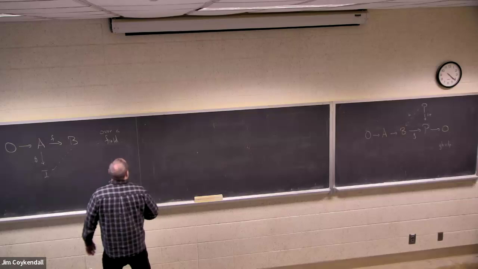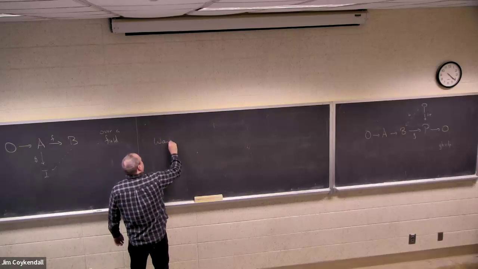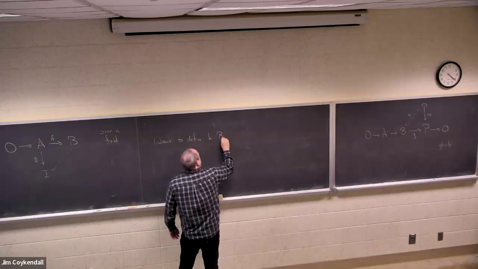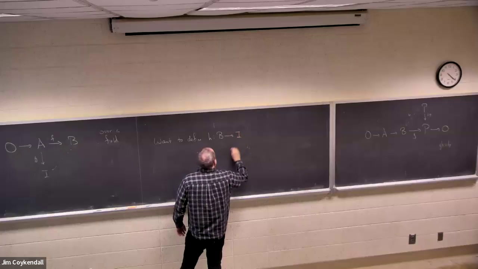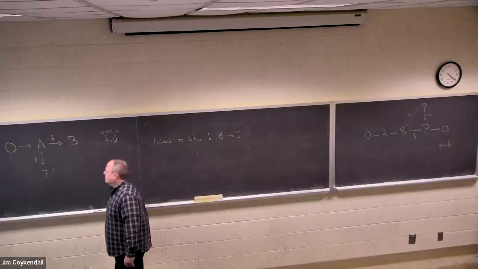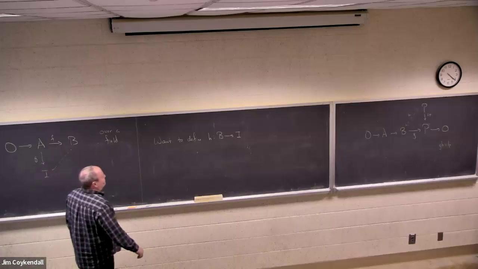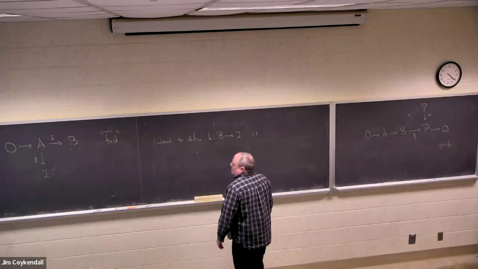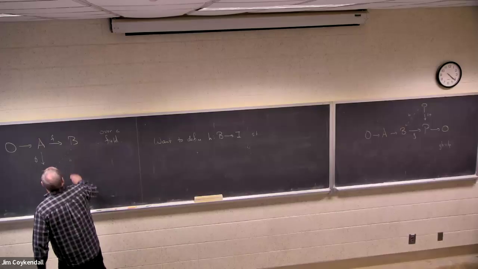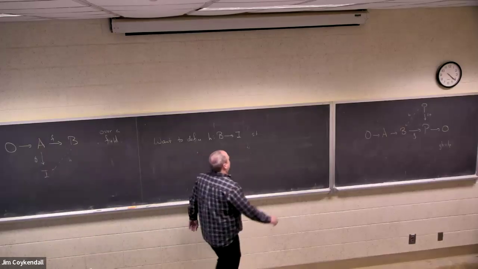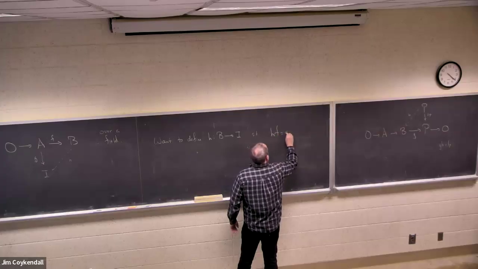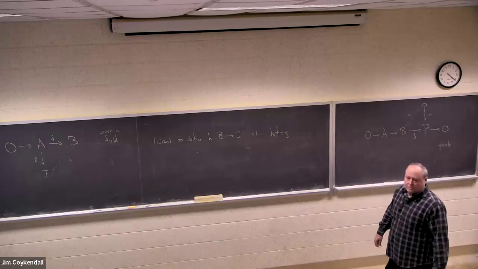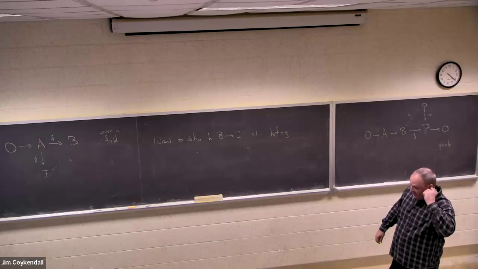We want to define H from B to I such that when I do F and then I do H, it's the same thing. Okay, so how would I do this?